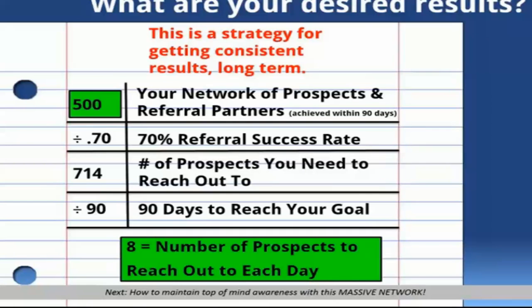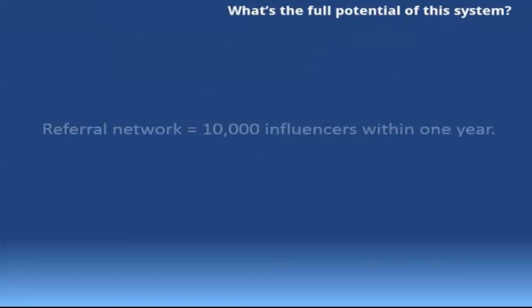And like I mentioned a couple times, this is a real strategy for getting consistent results and building a long-term presence utilizing LinkedIn. But you don't have to really stop after 90 days. So if you really want to work this system long-term, let's say you want to put in this kind of work over the course of 12 months, well, you could definitely build a referral network of 10,000 within 12 months.